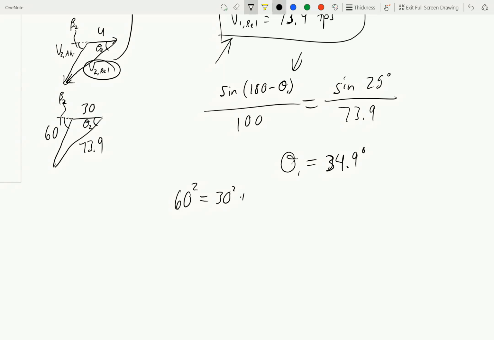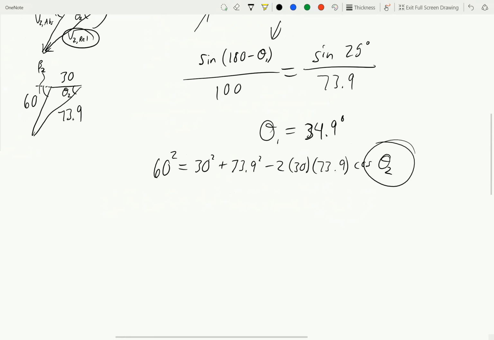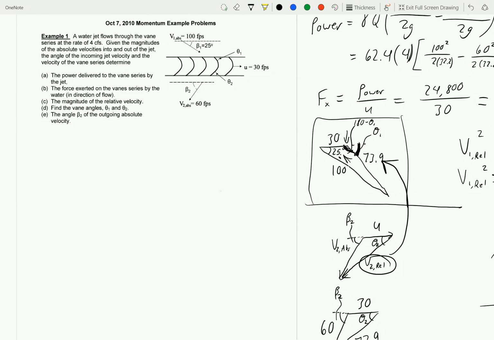So this is applying the law of cosines again. Just something you need to know how to apply here. And the only unknown in this equation is theta 2. If we solve all the algebra for theta 2, we get a value of 51.5 degrees. And that's the answer to this next part of our problem.